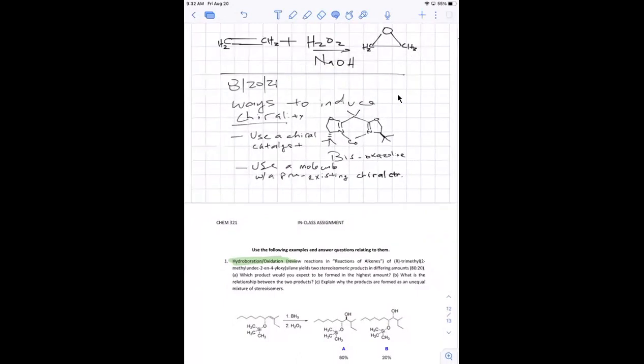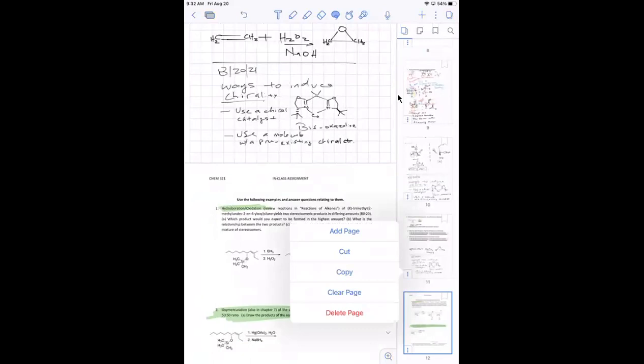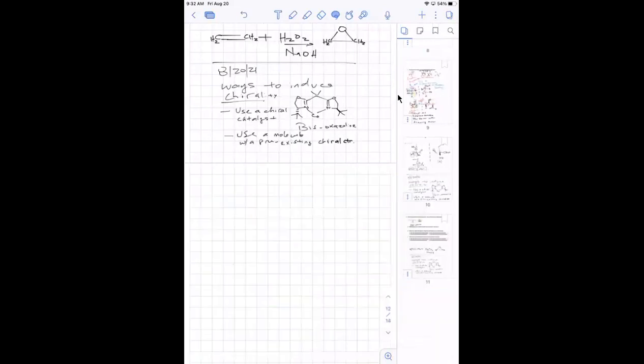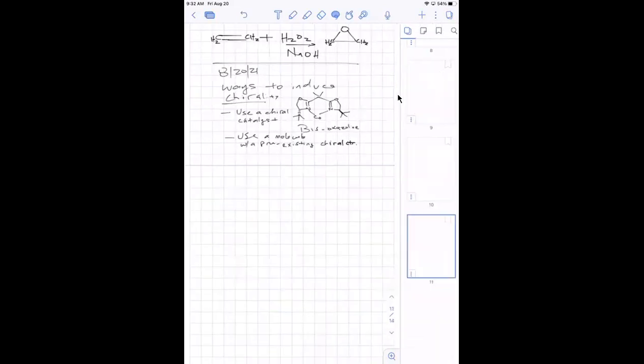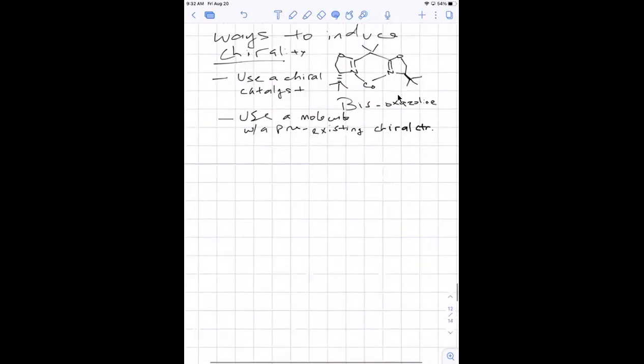So when you use a molecule that has a pre-existing chiral center, you get out an unequal mixture of stereoisomers.